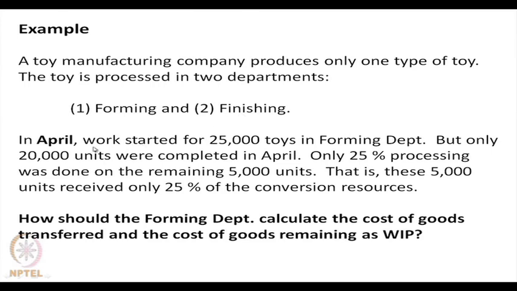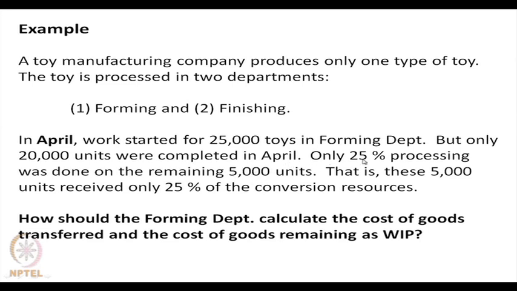So, work started in April first in the forming department for 25,000 toys, but at the end of April only 20,000 units were completed. Therefore, 5,000 units were semi processed, and it is assumed that only 25% of the processing work could be done on the remaining 5,000 units.